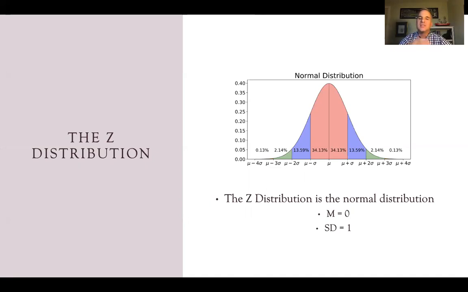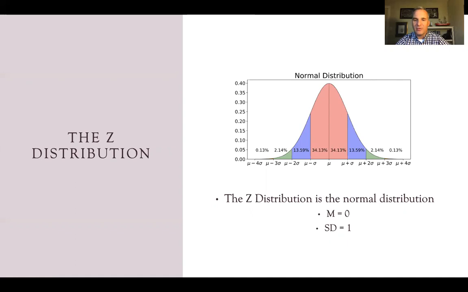So if I tell you that the Z score is 0, then we know that it lies right here on the mean. If I tell you that it has a Z score of 1, then I know that it lies 1 standard deviation above the mean right here. If I tell you it's a Z score of -2, then I know I'm talking about this value here that is 2 standard deviations away from the mean, right? So a Z score is just a way of telling us how many standard deviations away from the mean we are.